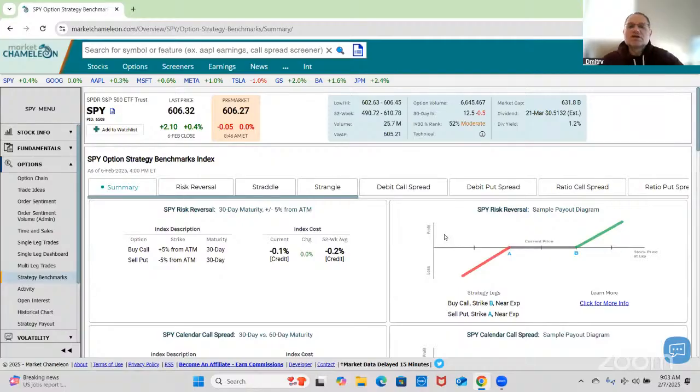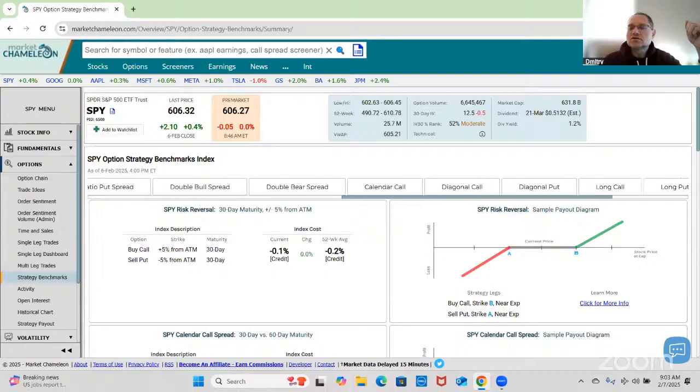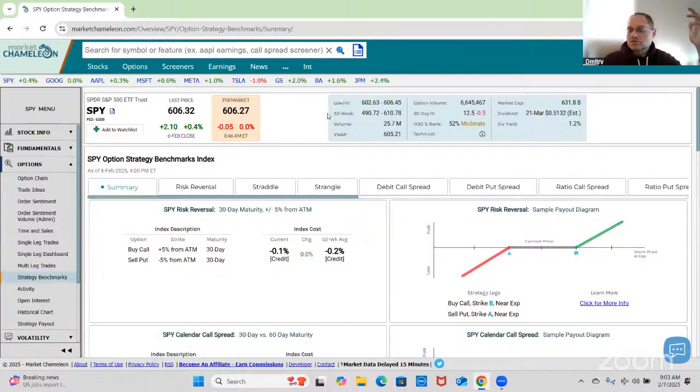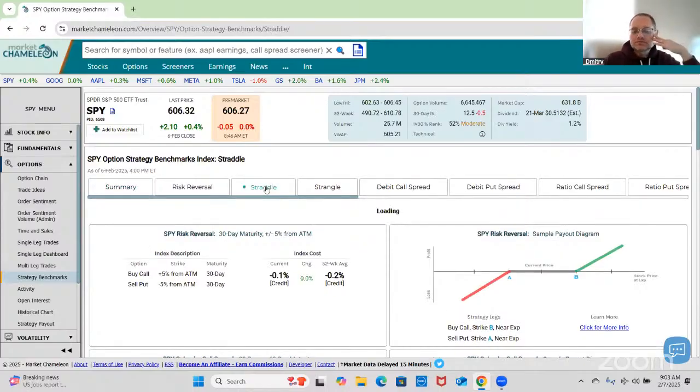What this does is benchmark the cost of different types of strategies that are popular or common as you go down the line here. We're going to click on this tab here, Straddle.